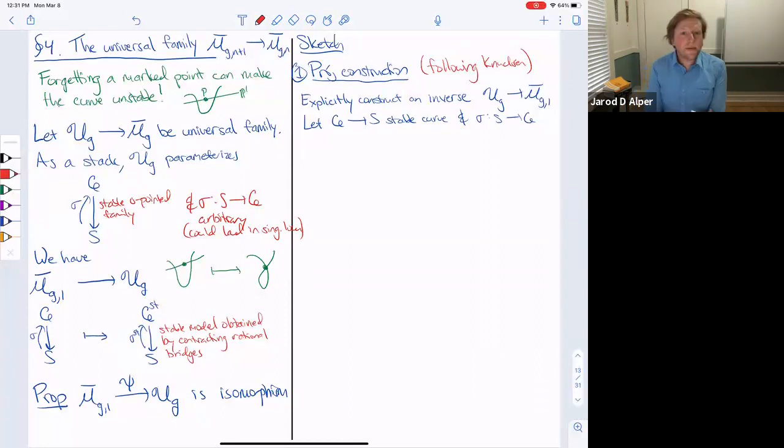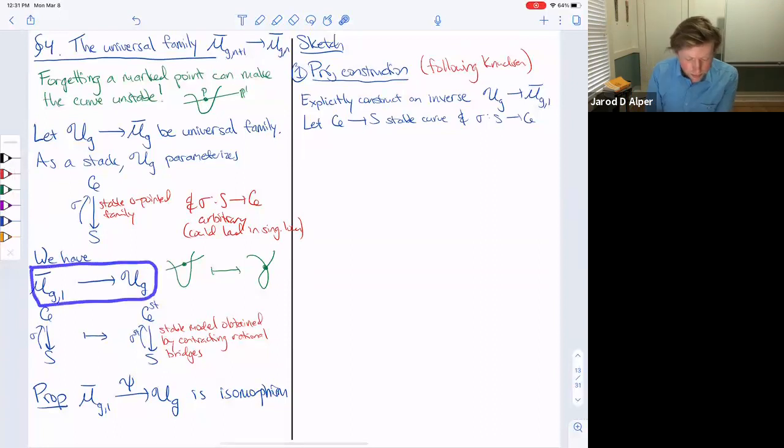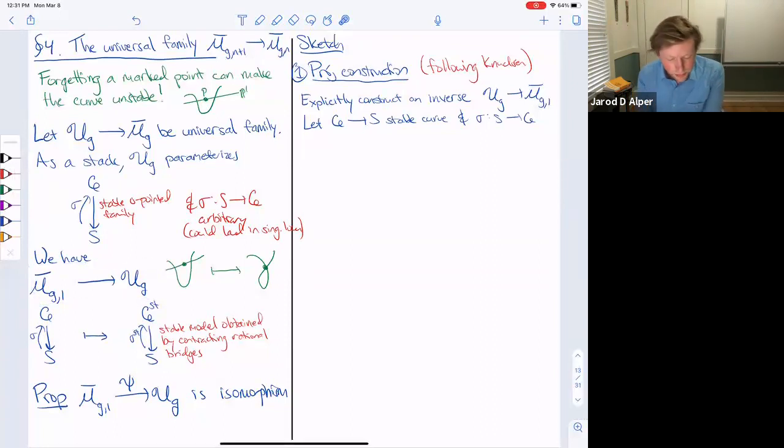Right, and so we have a natural map from M_g,1 bar to the universal family, where you forget the point and you contract all rational bridges. This sends a curve like this, where you contract the rational bridge, and then you follow the image of the point, and it goes to the node.